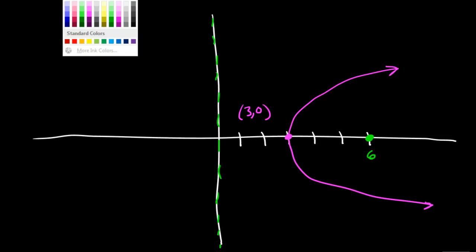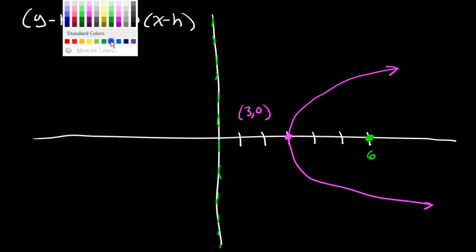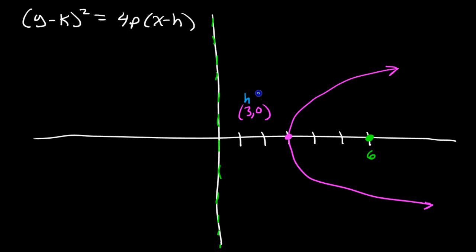So I like to just start by writing down the entire model. So we're talking about y minus k squared is equal to 4p times x minus h. Now, the 3 and the 0, the coordinates of our vertex, that's the h and the k.